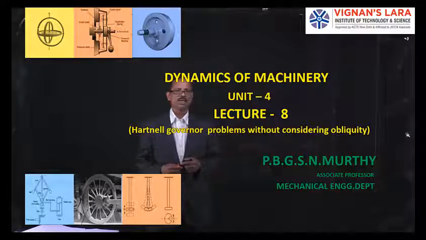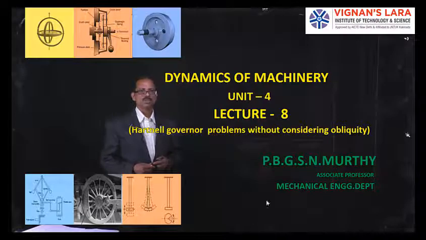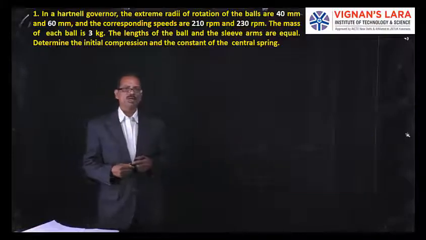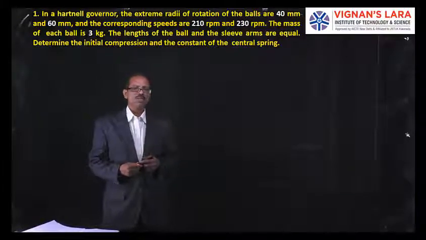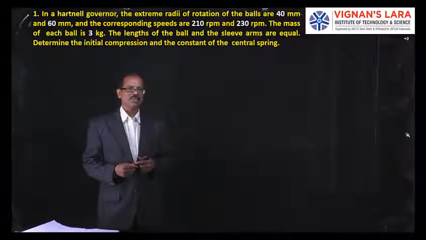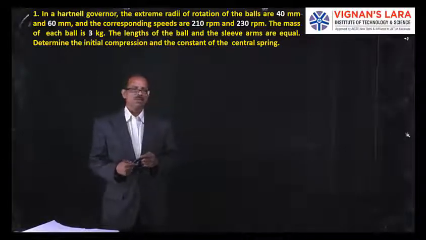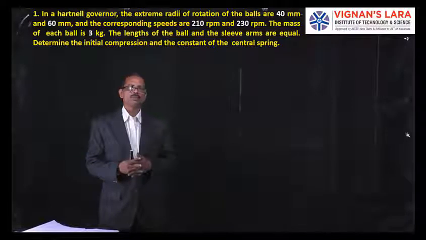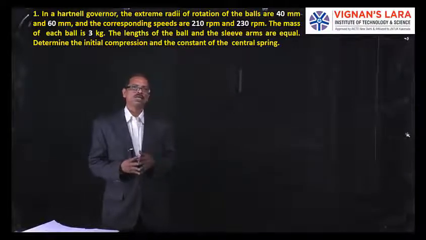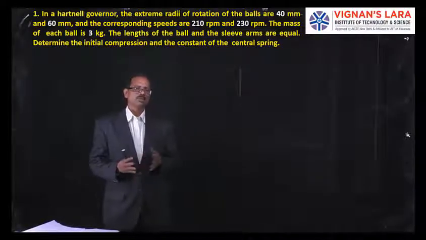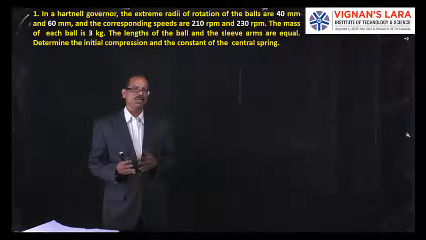That means neglecting the obliquity effect of the arms. So what is the obliquity effect of the arms? When the governor takes a new position, like speed reduction or speed increase, the fly balls will come inside or outside.